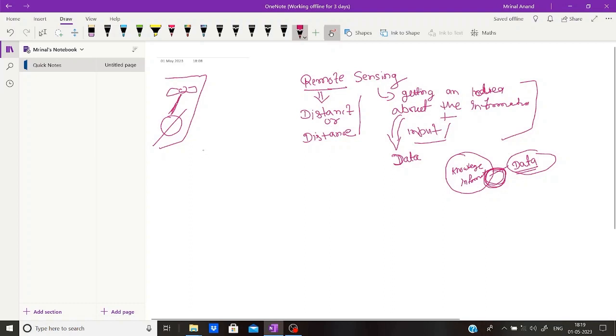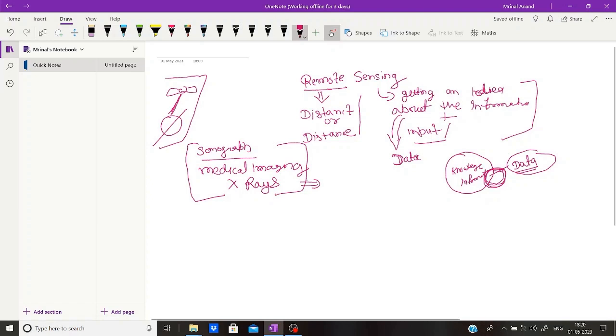Suppose we are doing a sonograph. A sonograph is also trying to sense things from a distant object. Secondly, if we talk about medical imaging, the x-rays, all these things are processes of remote sensing only.